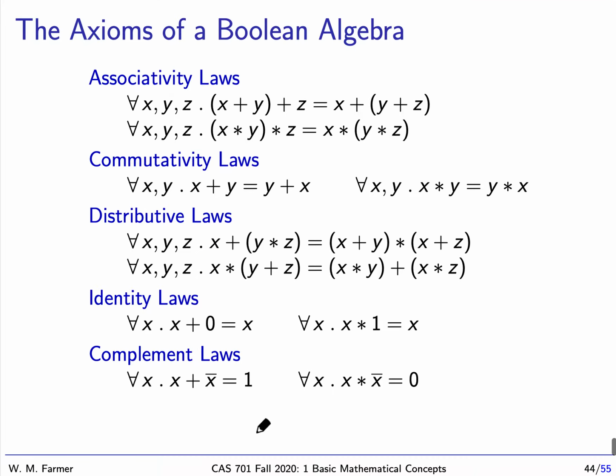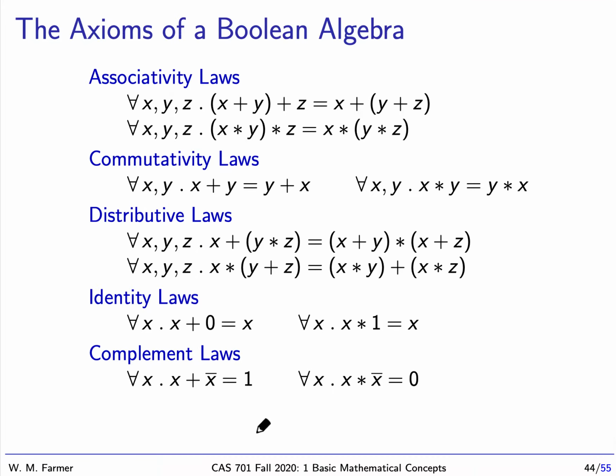Here are the axioms of the Boolean algebra. We have associativity laws, commutativity laws, distributivity laws, identity laws, and complement laws. And if you think for algebras that deal with numbers, they have similar ones, but notice these laws are completely symmetric. So for instance, if we look at the associativity law here, in this case we have plus, and in this case we have the same law, but we replace plus with times.